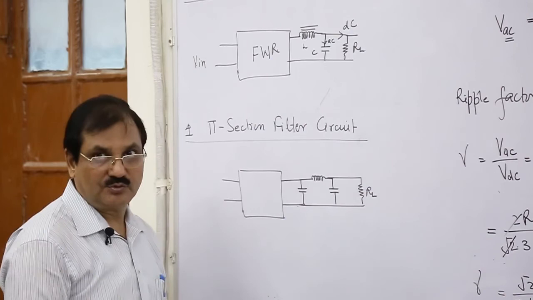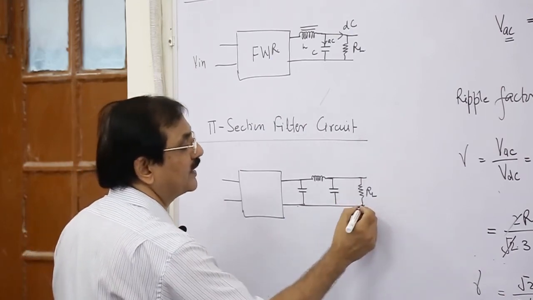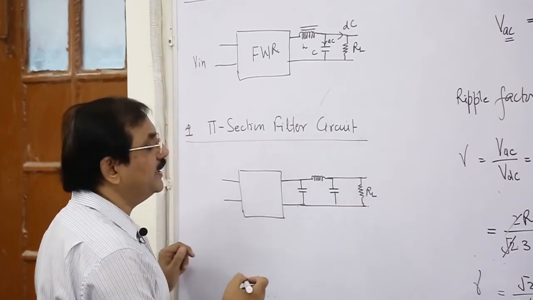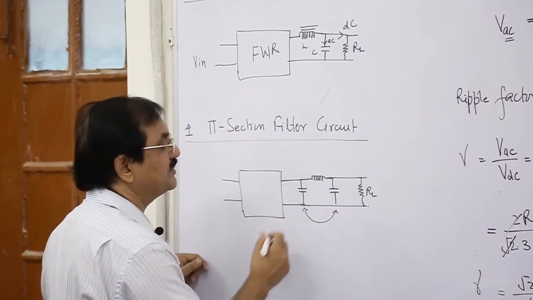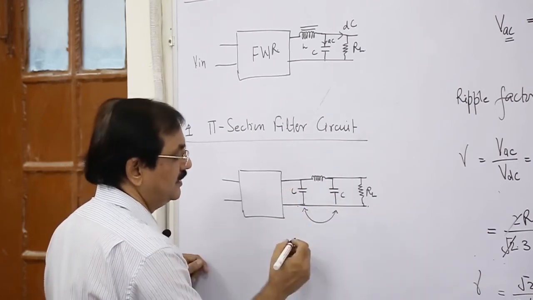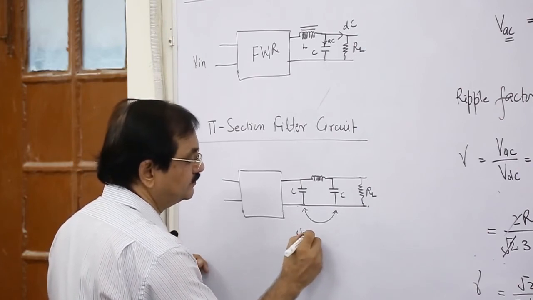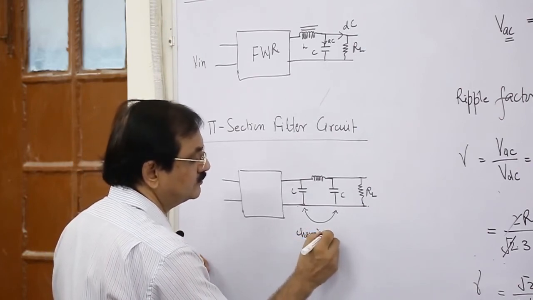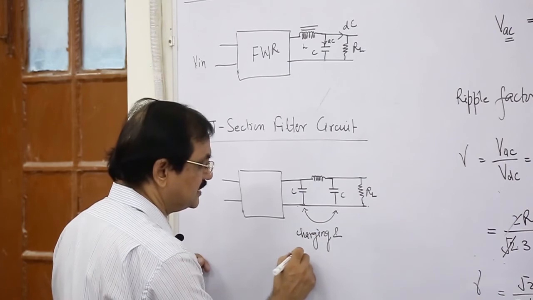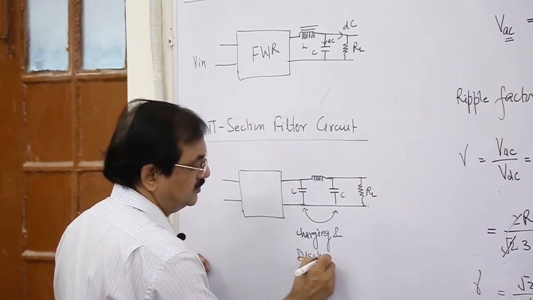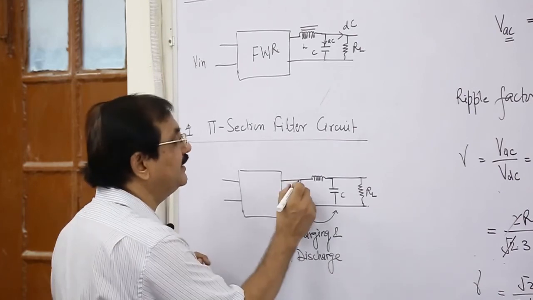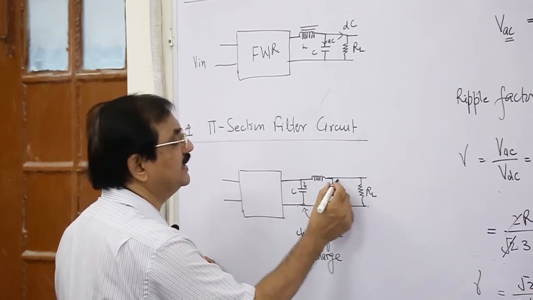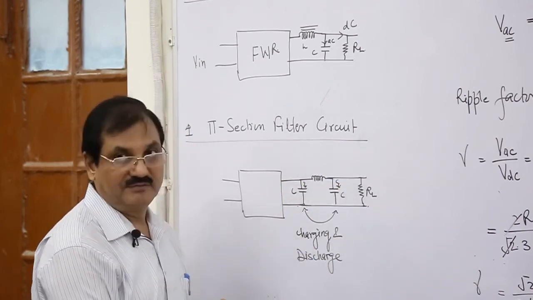So what is going to happen? At these 2 points, capacitors C and C, there is charging and discharging, which provide the path of the AC component.